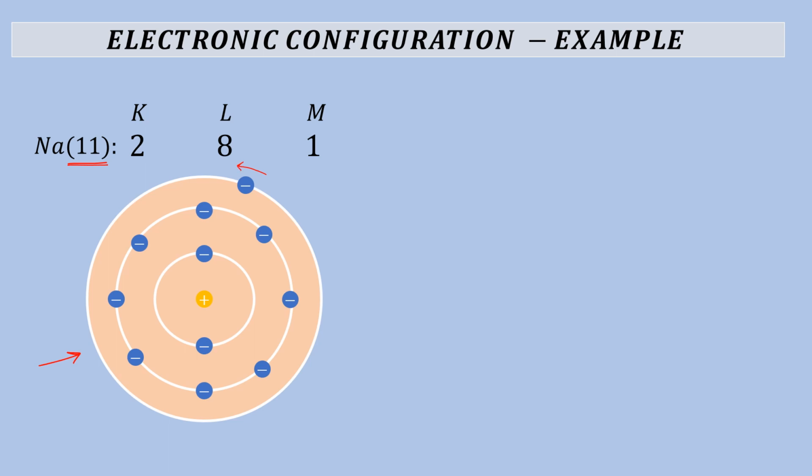Now let us understand the significance of the fourth rule by taking the example of calcium, whose atomic number is 20, and hence the number of electrons that we have to fill is going to be 20. So we will again start filling the atom from K shell, and this shell will contain 2 electrons out of 20.